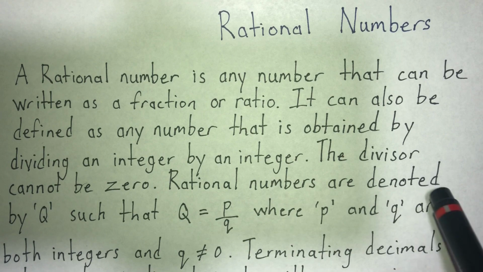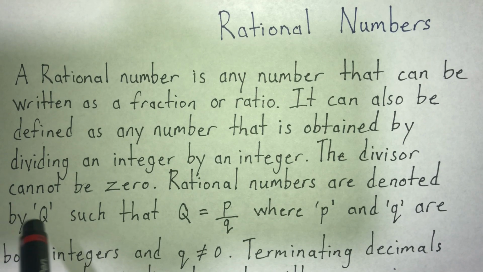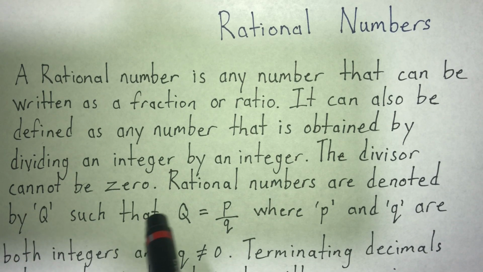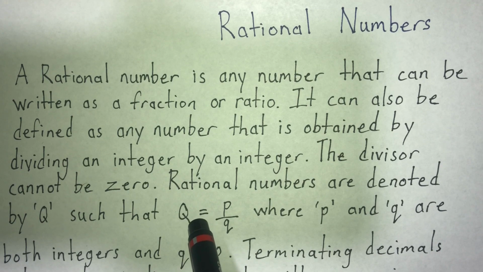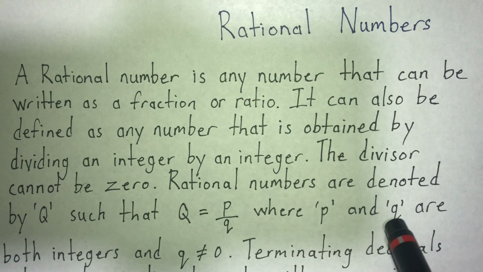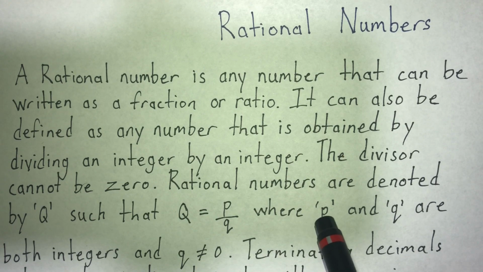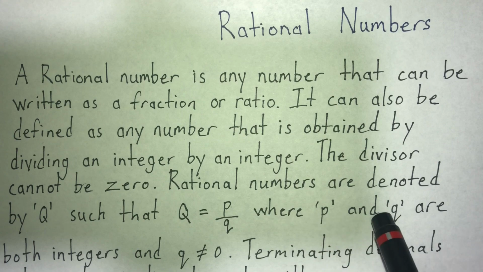Rational numbers are denoted by a capital Q, such that Q equals p over q, where p and q are both integers and q is not equal to 0. Note, this is a lowercase p and this is a lowercase q.